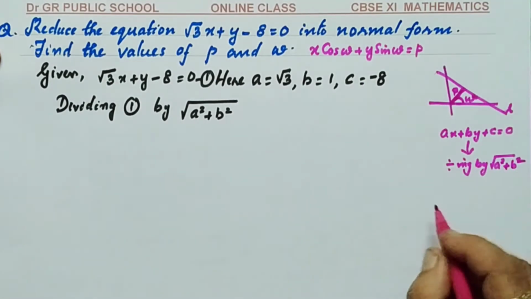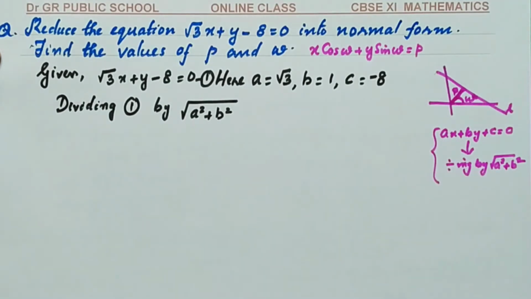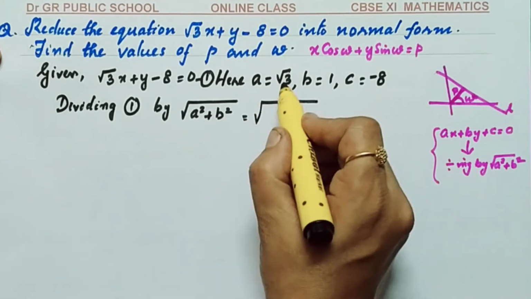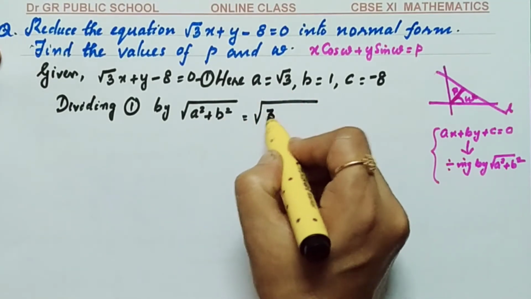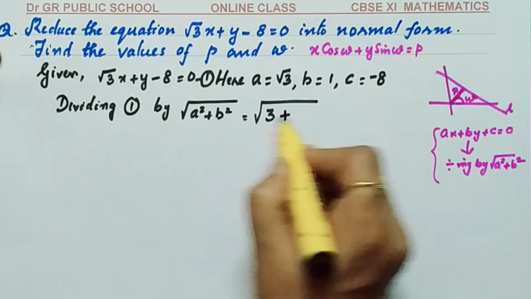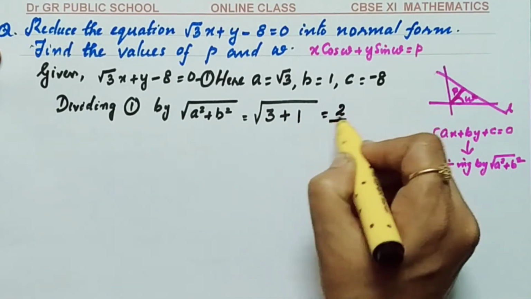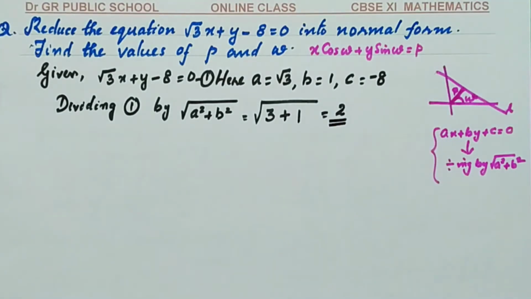Remember this. Here a is root 3, so a square is 3, and b is 1, so b square is 1. Root of 4 is 2. So we need to divide the given equation throughout by 2.